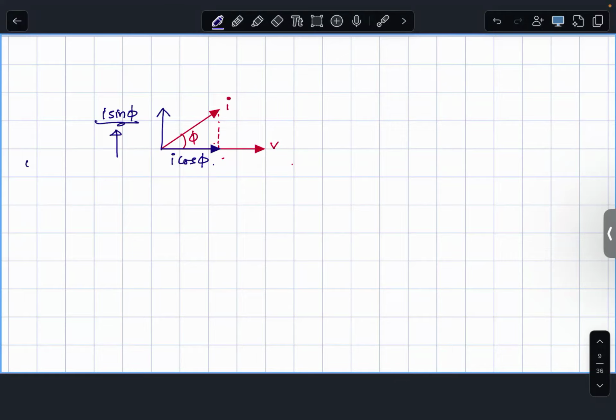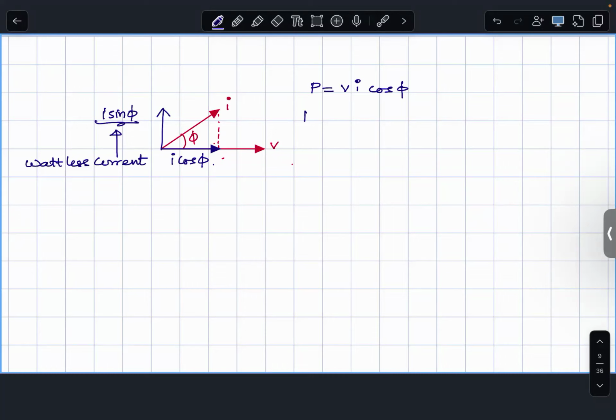This component is called wattless current, because due to that component there is no loss. There is no loss because voltage and that component bear an angle of 90 degrees, so power dissipation due to that component is zero. So your major power consumption is due to the I cos phi component. That is the reason why power is equal to voltage into current into cos phi.